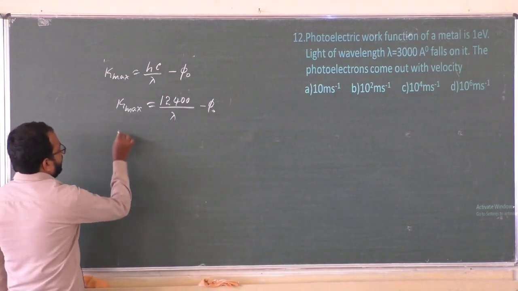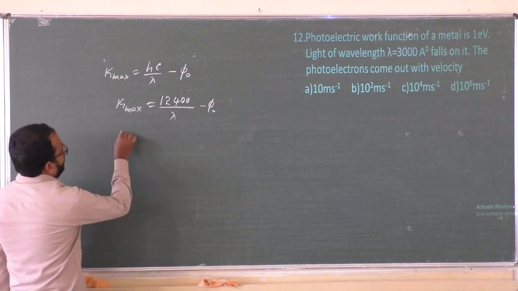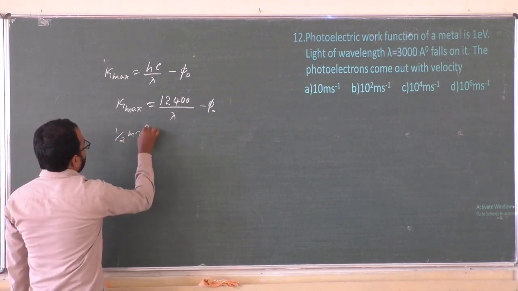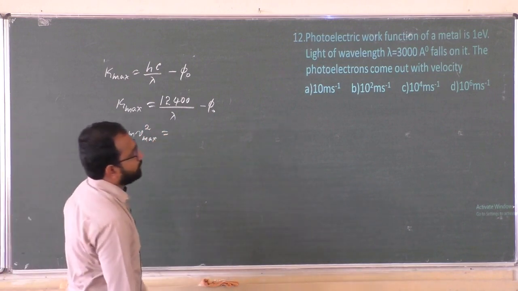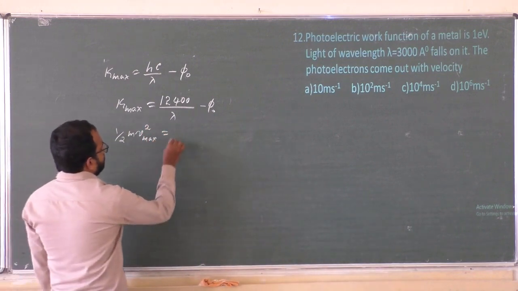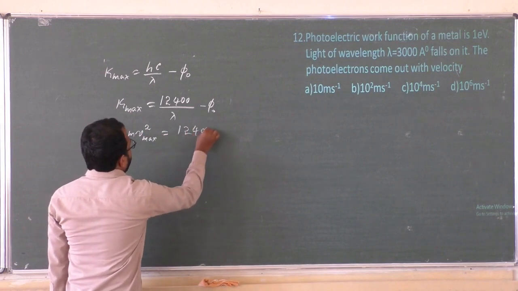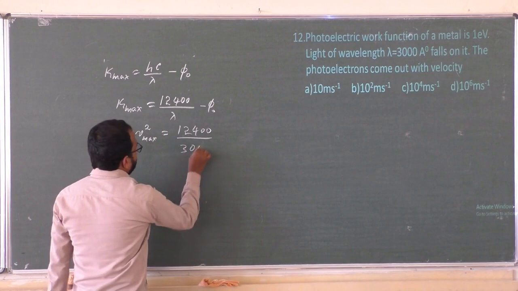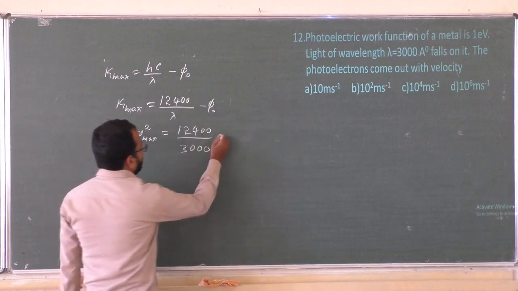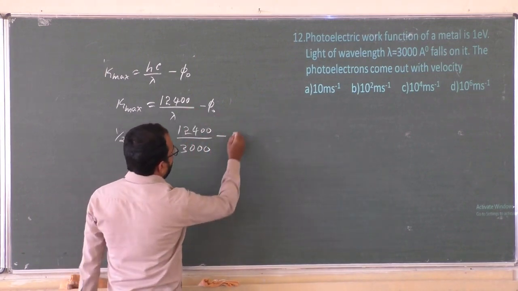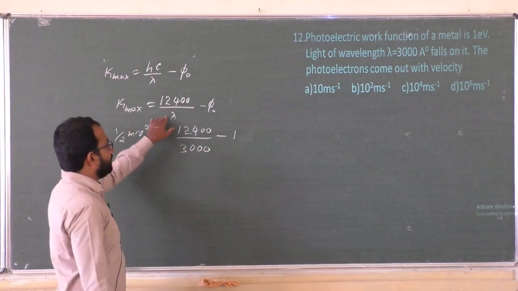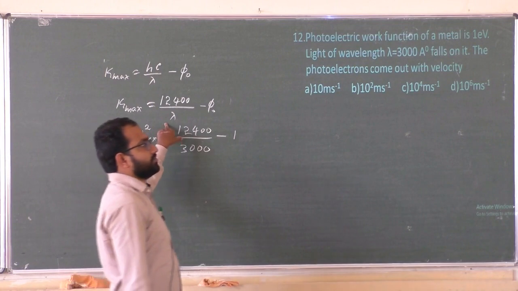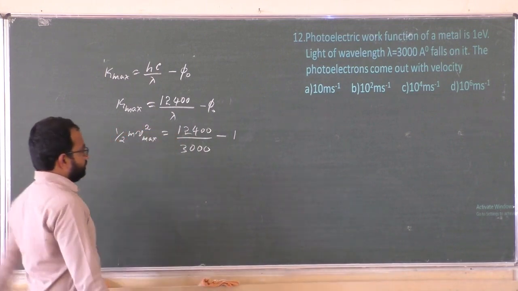So K maximum is half m V maximum square, that is equal to 12,400 divided by 3000 angstrom minus phi naught, which is 1 electron volt. As I told, lambda in this particular equation is in terms of angstrom.